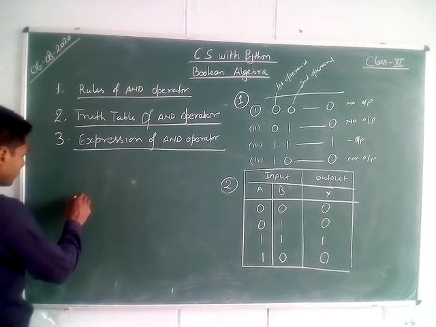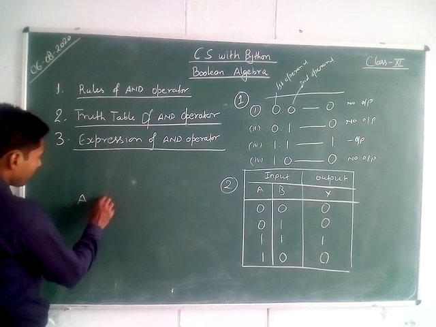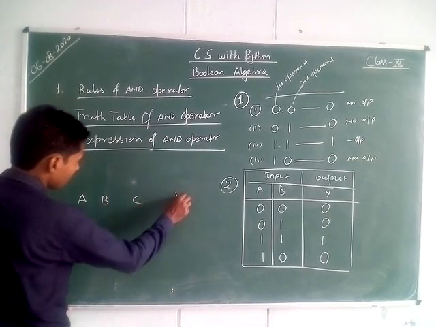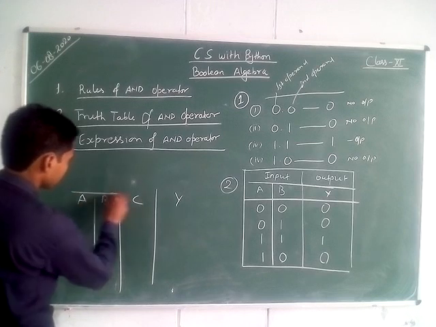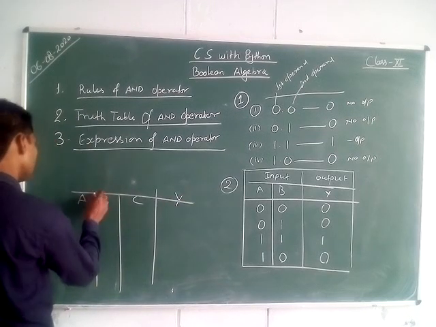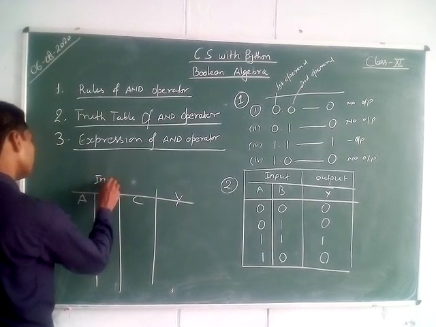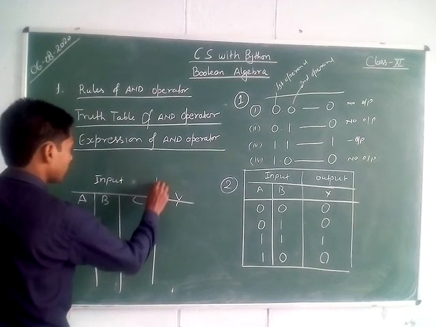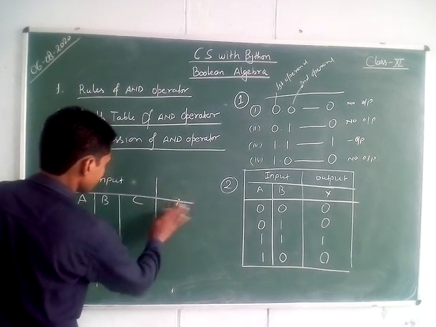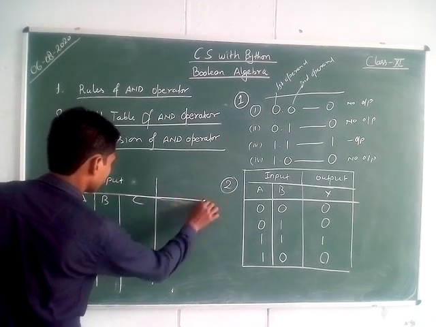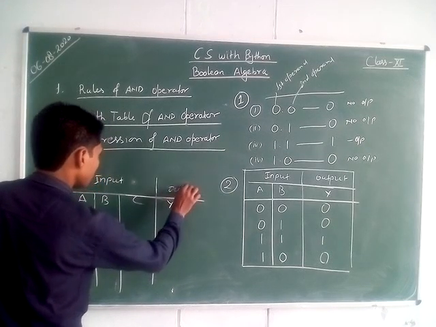For three variables it would be like A, B, C, Y. This is the input and this is the output. Y, this is the output.